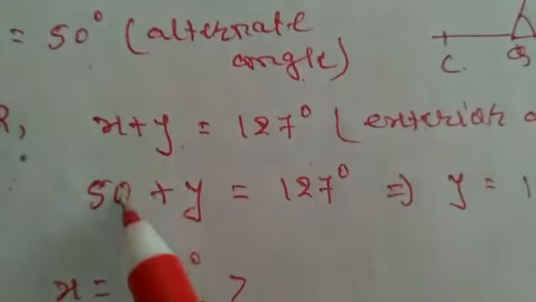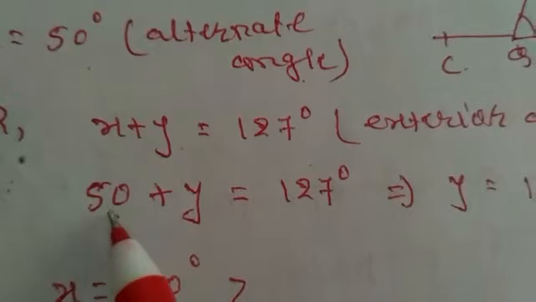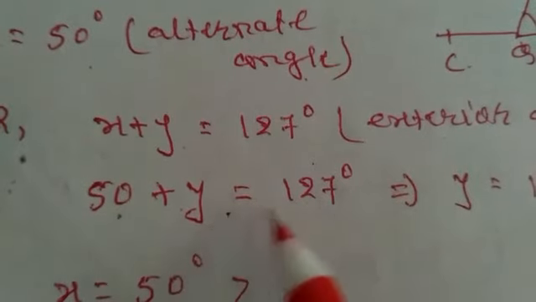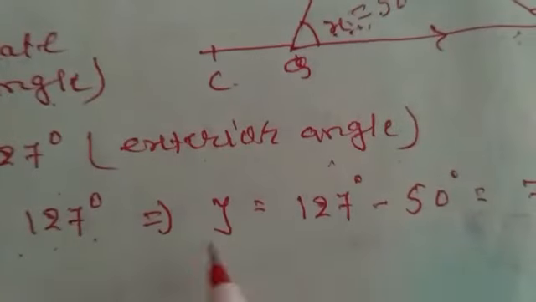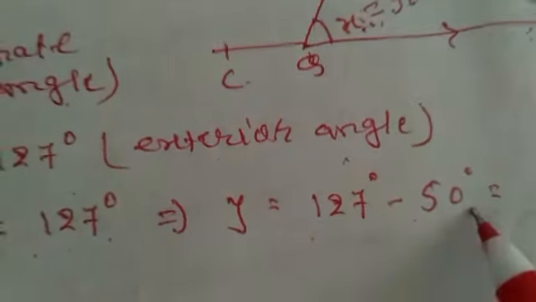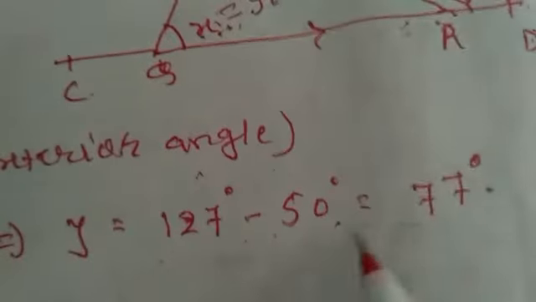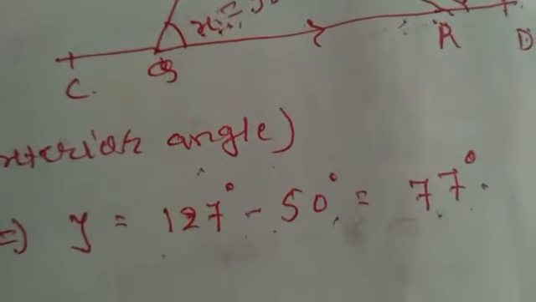Now we have already found the value of X, that is 50 degrees. So 50 plus Y is equal to 127 degrees. Further on solving it, Y equals 127 degrees minus 50 degrees, which is equal to 77 degrees.